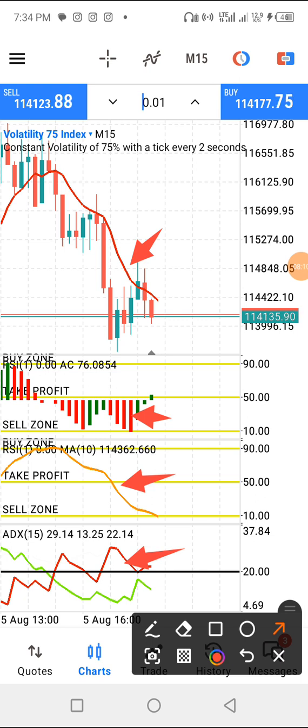Even as a beginner, you can tell the direction of price for the week, for the day, for the month, and you can identify good areas to take your entry, not just depending on the indicators on your mobile phone, because those indicators might be lagging sometimes. That means they'll be printing false information.